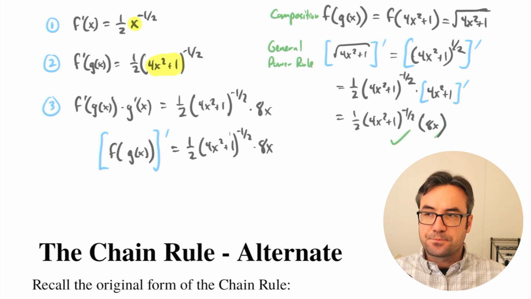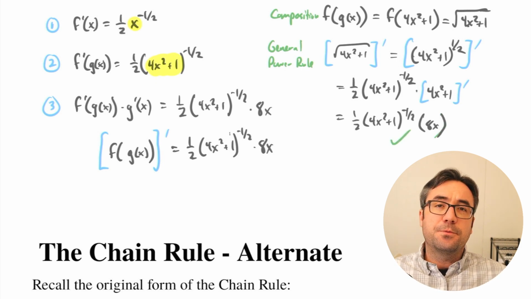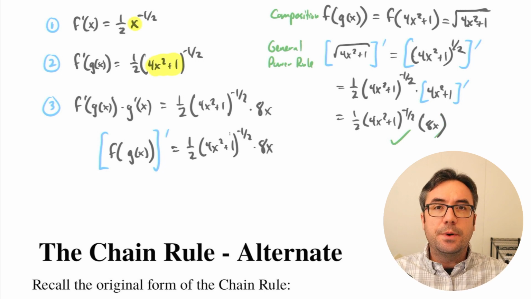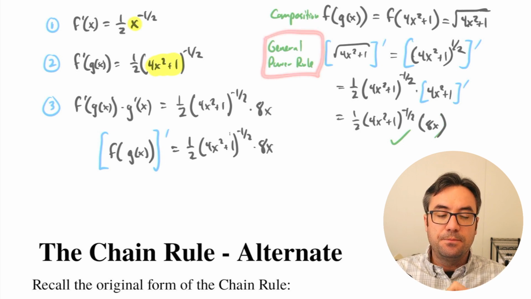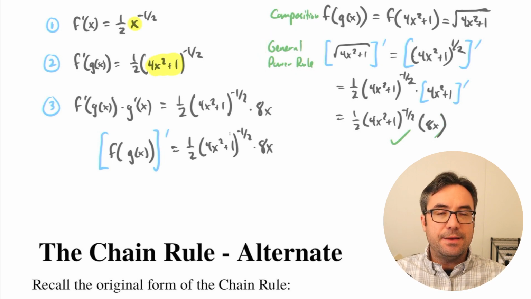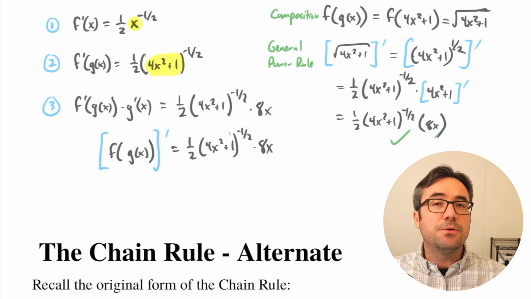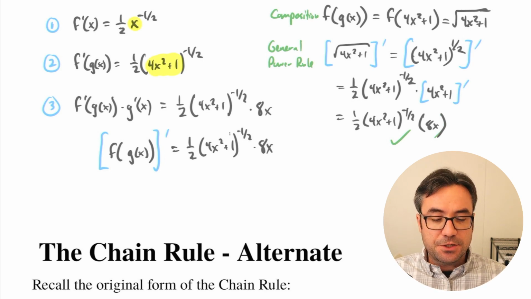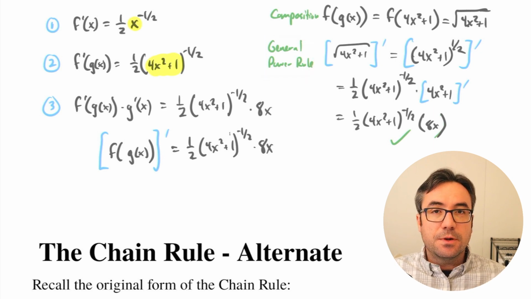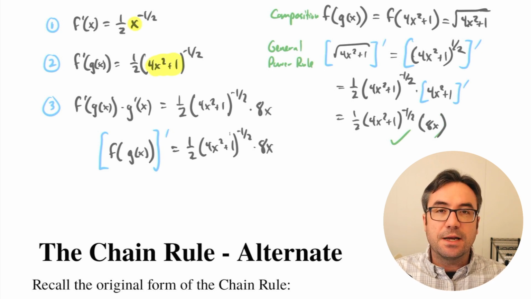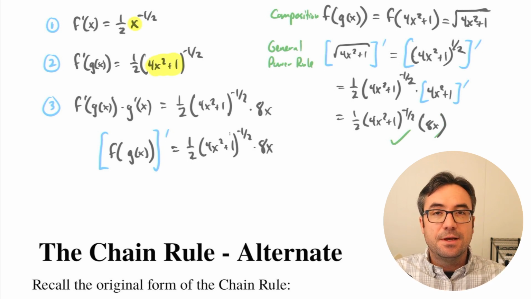And the reason we're going over this chain rule, and not just leaving it at the general power rule, is that the chain rule is the general rule for how to differentiate composite functions. We're going to see when we get to exponential and logarithmic functions that there's a similar process for how to differentiate those types of functions as well.